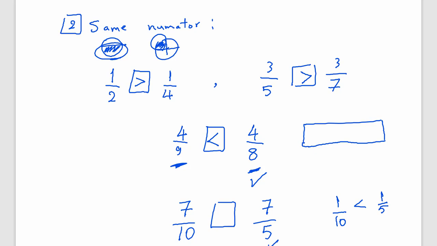So 7 of the big parts are more than 7 of the small parts. Which one has the big parts? 7/5. Yes, that's why 7/5 is greater than 7/10. So we use less than. 7/10 is less than 7/5.